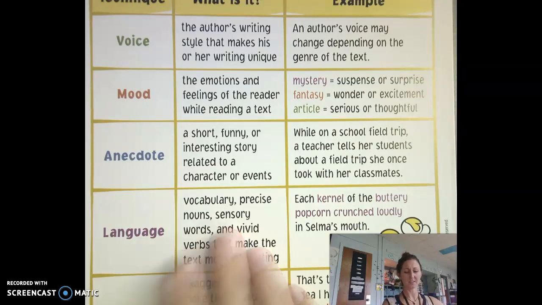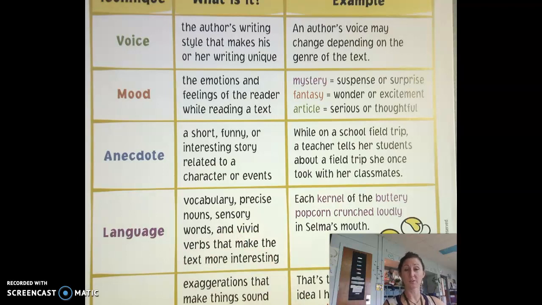Authors are also going to use really vivid verbs and precise nouns to make their writing interesting and clear as well. Their use of adjectives in writing is going to make it more interesting. You're going to have positive or negative connotations used in the writing.